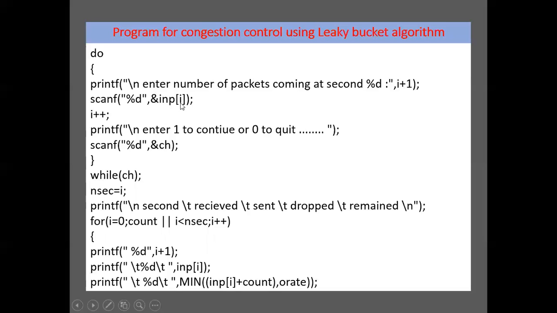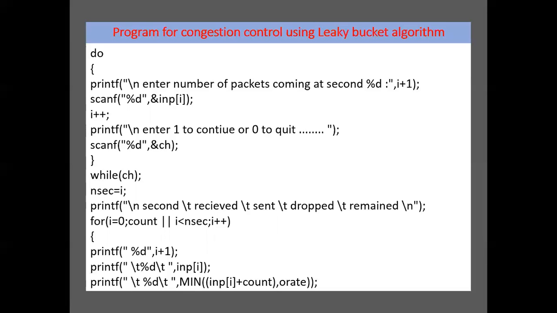In the beginning, we stored a total of 10 inputs. So whatever the first data we are going to enter will be there in this input. Assume that in the beginning you enter the number 3, then the first value will be 3, and if you enter 4 second, then the total number of packets we are getting at the second time interval is 4.